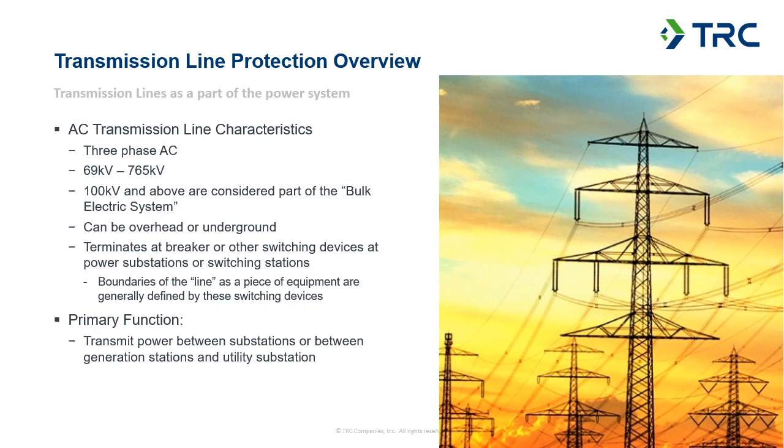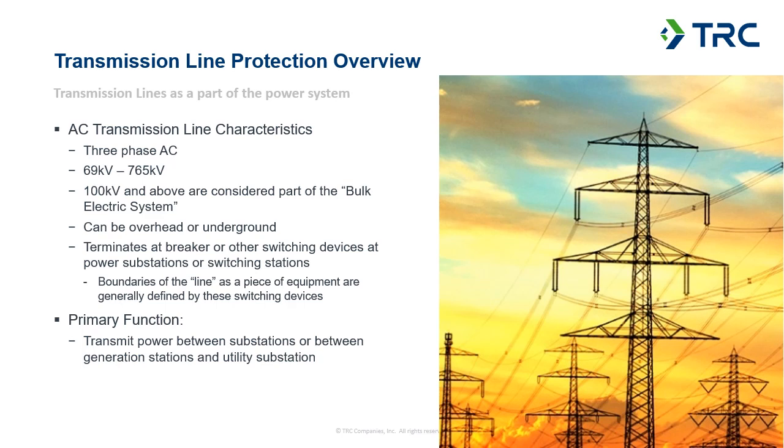Your transmission lines can either be overhead or underground. I'd say the vast majority of transmission is overhead, primarily due to the increased cost of underground work and the sheer distances that these systems and lines need to cover. The boundaries of a transmission line are generally terminated at breakers or other switching equipment at power substations or switching stations.